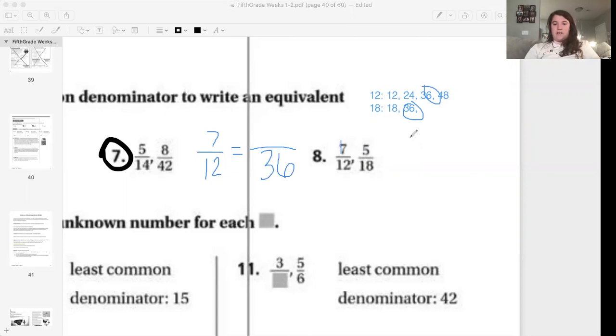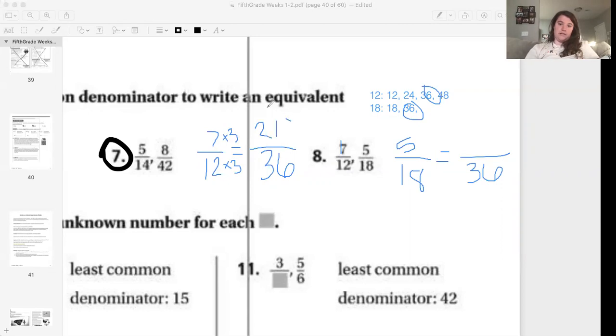And then my second fraction is 5/18. And I want that to become something over 36. So we have the same denominator, our common denominator. So I need to think 12 times what gets me 36. Again, if you don't know, you can go over here and count: this would be 12 times 1, 12 times 2, so it must be 12 times 3. And then I do 7 times 3 also, which gets me 21.